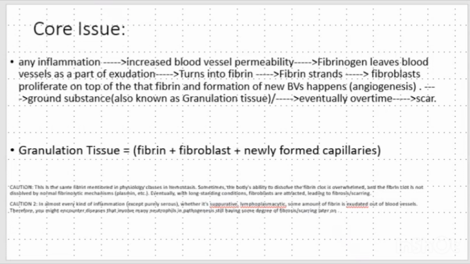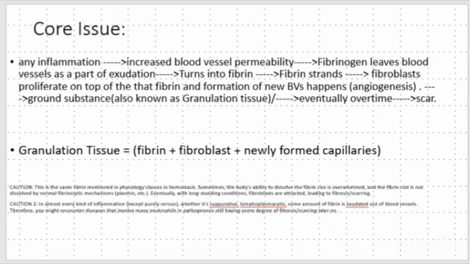So when you have any injury, you naturally have inflammation at the site of the injury, which leads to increased blood vessel permeability, ultimately resulting in fibrinogen leaving blood vessels because it is exuded out due to increased vessel permeability. This fibrin then turns into fibrin strands, and fibroblasts start proliferating on top of this fibrin.